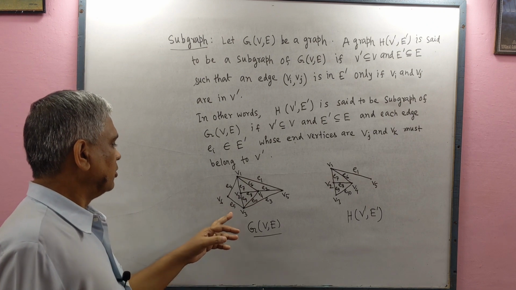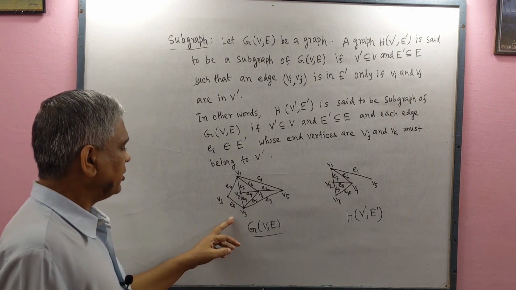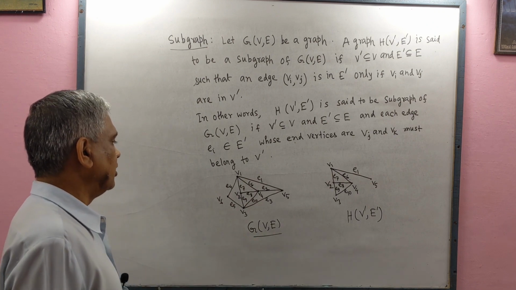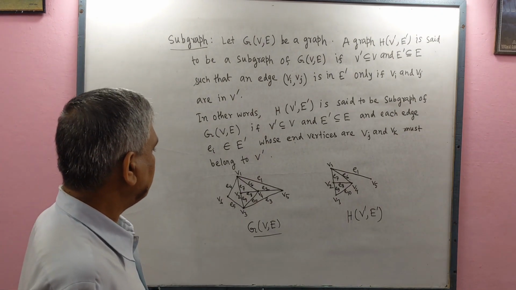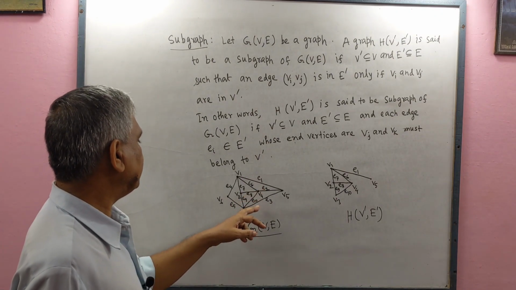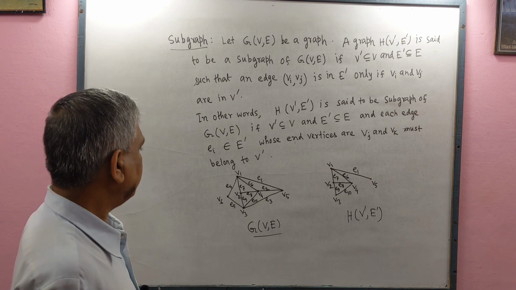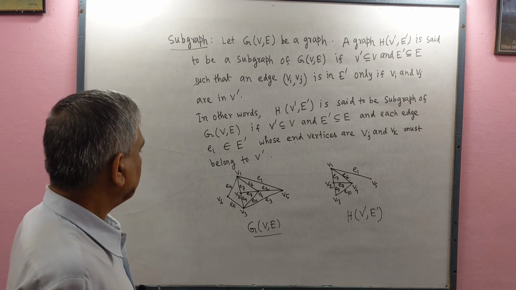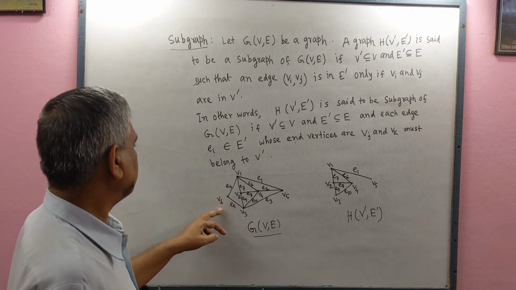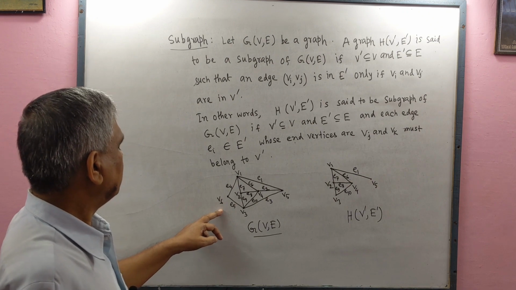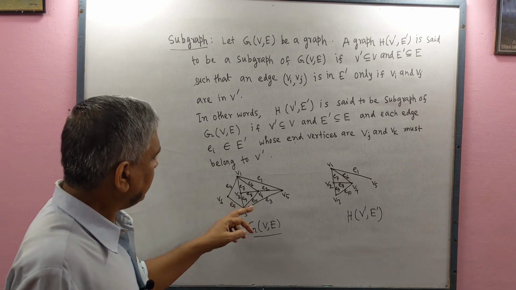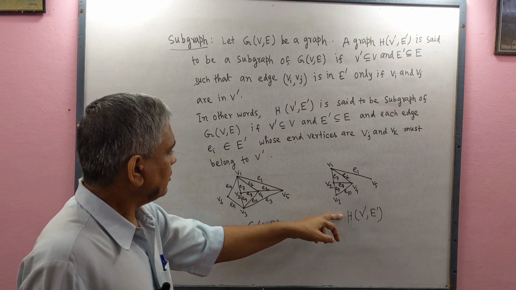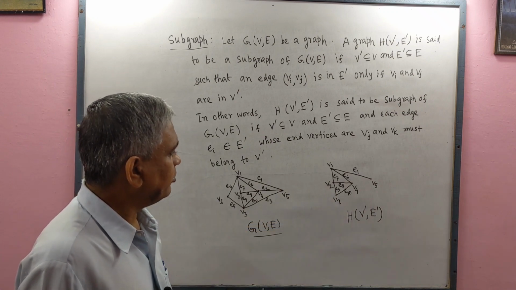Here this is a graph G(V, E). Here we see that we have 10 edges and 6 vertices. Here this is another graph H(V', E').